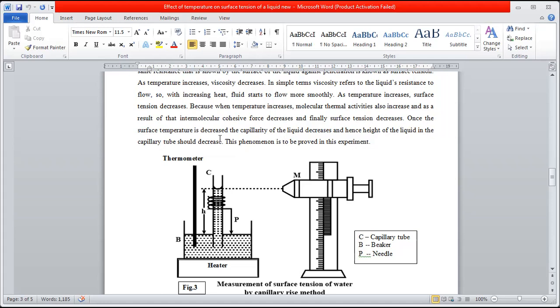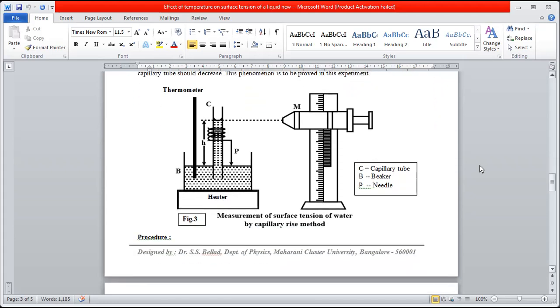Once the surface tension is decreased, the capillarity of the liquid decreases, and hence the height of the liquid in the capillary tube also decreases. So this phenomenon we are going to prove in this experiment.